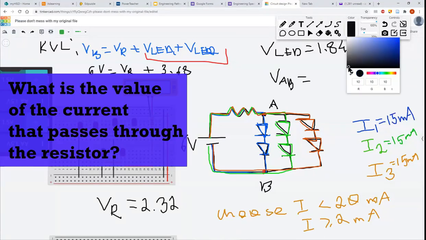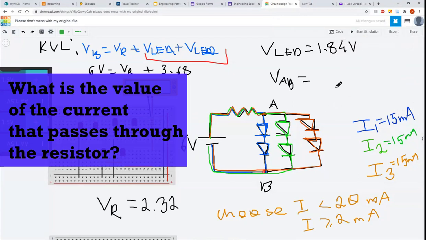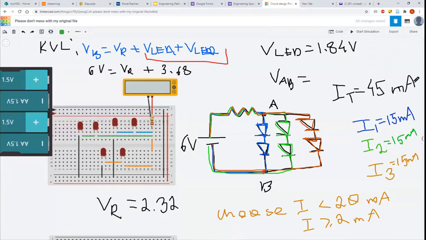So the next question is, what is the current that's going to pass through the resistor? In other words, what is I total in this case? So we've got 45 milliamps, because this is just I1 plus I2 plus I3. You will notice that even though individual currents were only 15, the big current is 45.